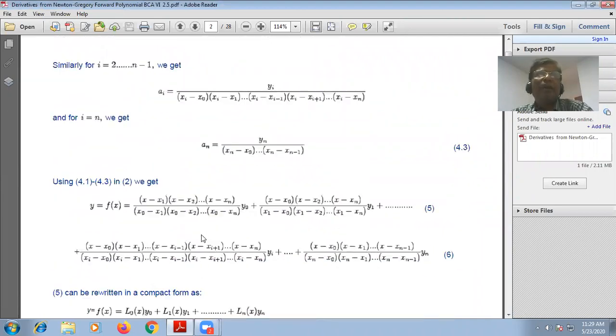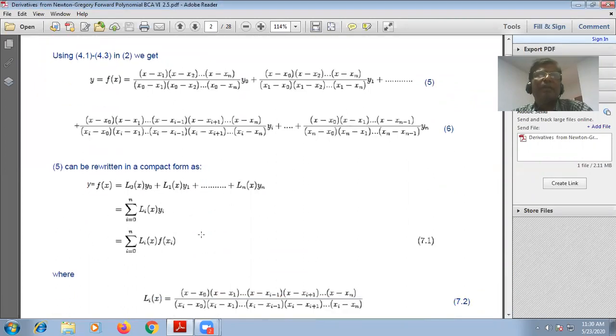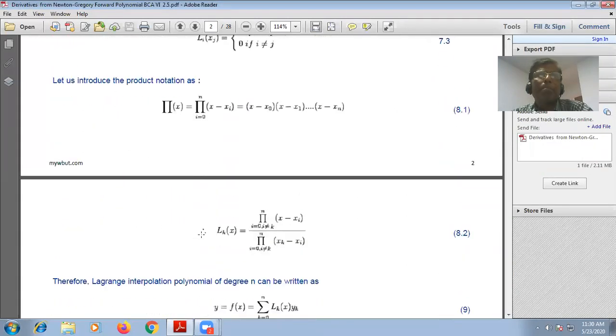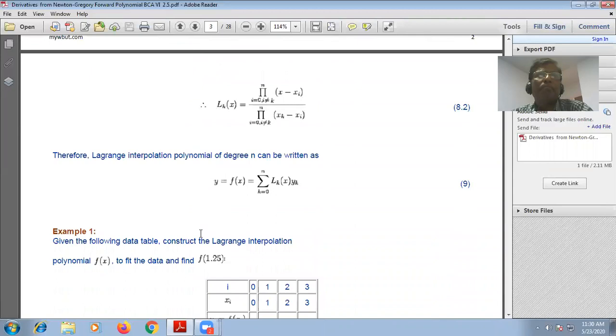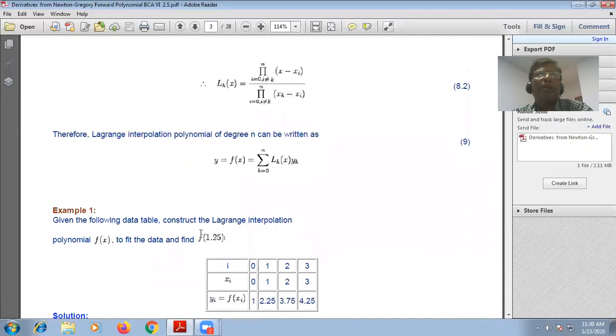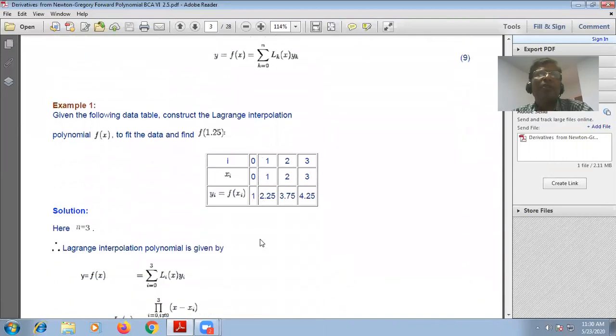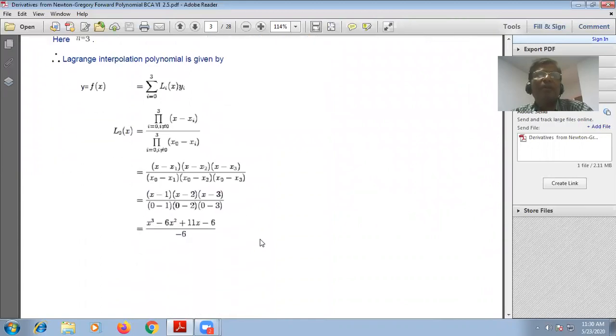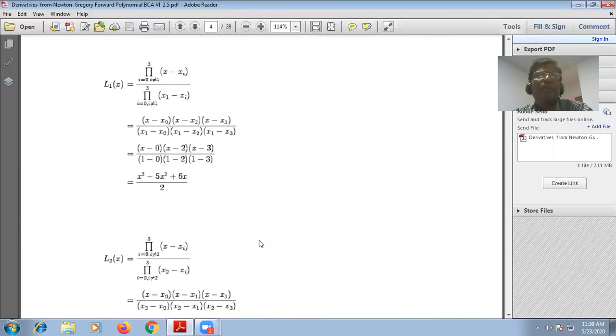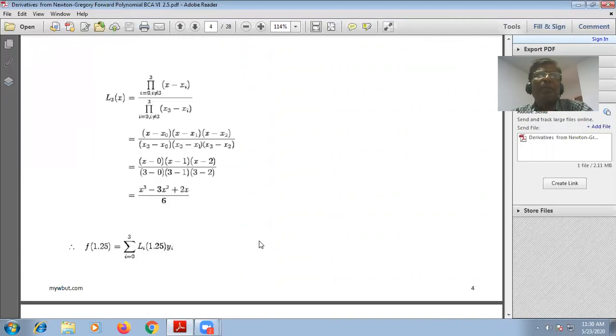We have already done these things. This is the example of Lagrange interpolation. I have already discussed this topic in the previous lecture.